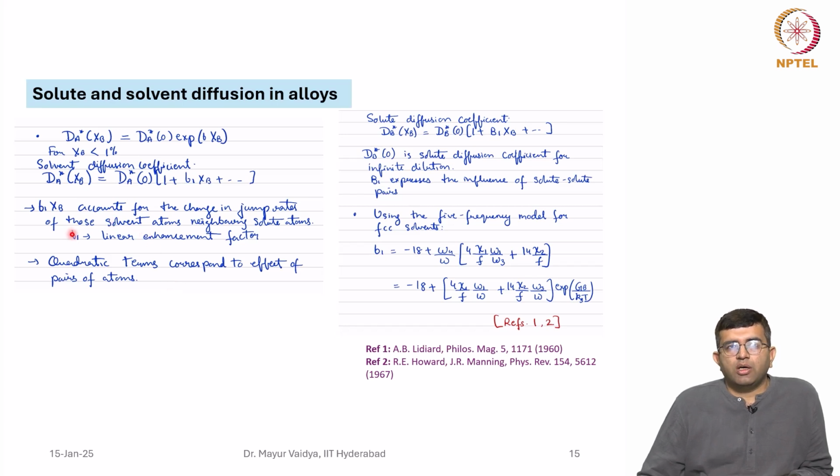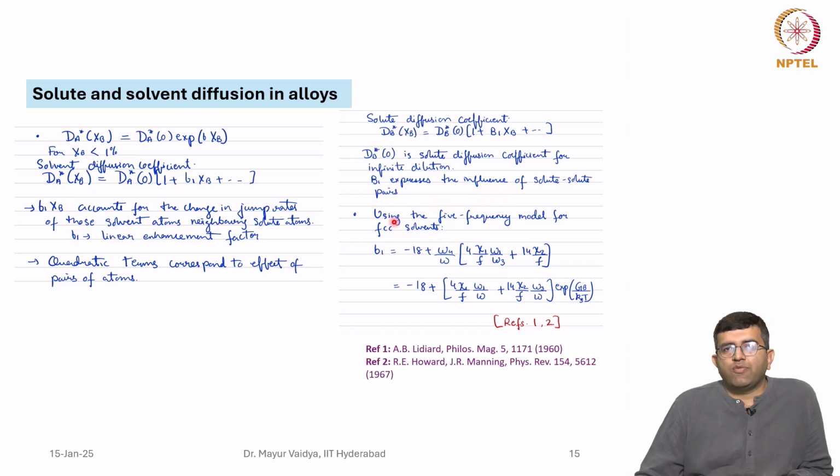This B1 is also sometimes known as the linear enhancement factor. In the alloys, the solute diffusion coefficient can be written as DB star of XB is equal to DB star 0 times 1 plus B1 XB plus so on, where DB star 0 is the solute diffusion coefficient for infinite dilution and B1 expresses the influence of solute-solute pairs.